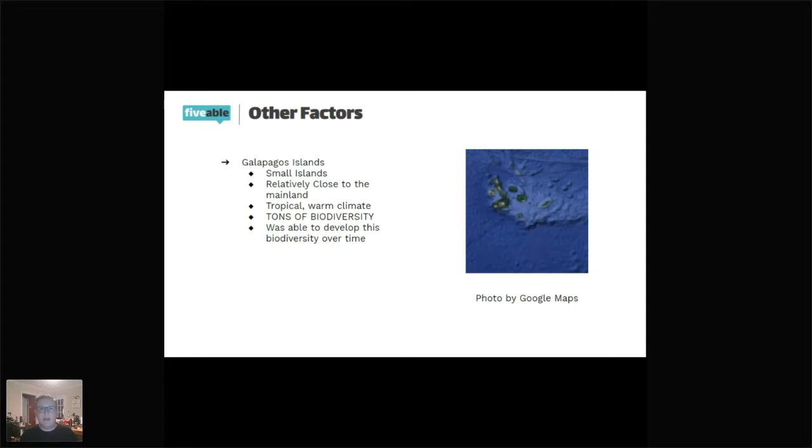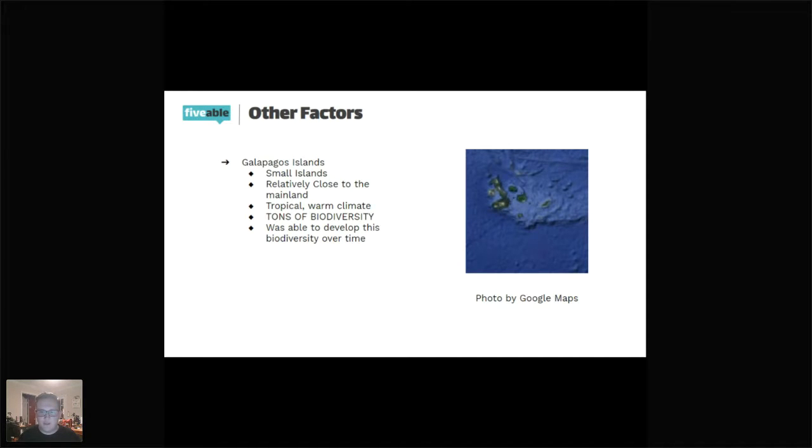That's why today it's such a big thing conserving the biodiversity on the Galapagos, because we are impeding on that. Isolation is a big thing about island biogeography. These islands being isolated allows them to evolve differently than being connected on the mainland. So be sure to remember that as well.